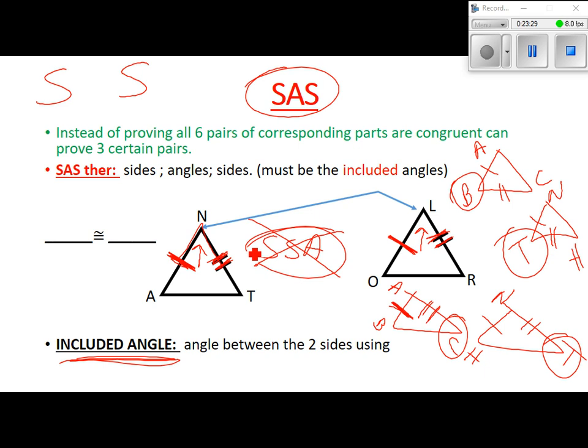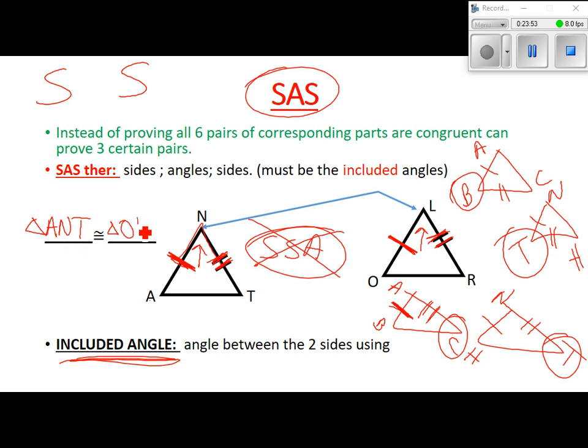Let's do our triangles here. Make sure you're using the triangle symbol. Somebody name this first triangle for me. A-N-T. What's the A in this triangle match up to in the other one? Everybody agree with that? Is that right? What's the N match up to in this triangle?